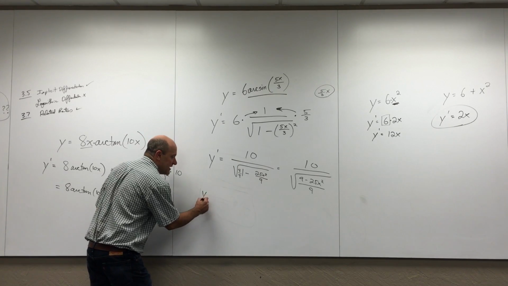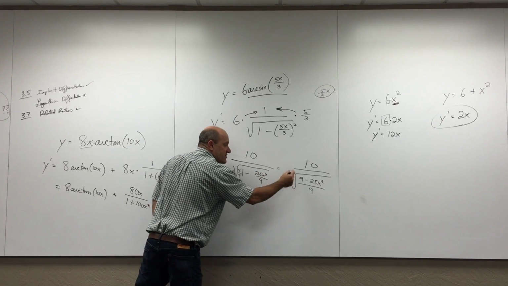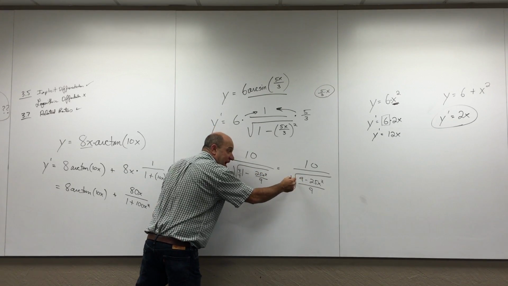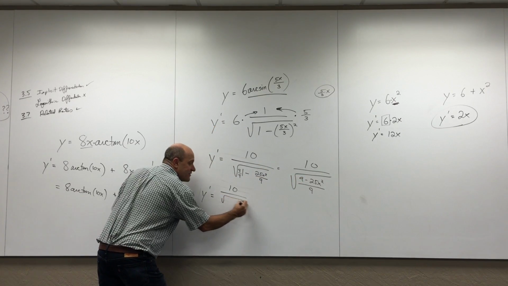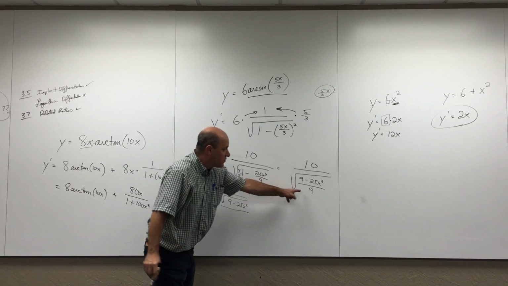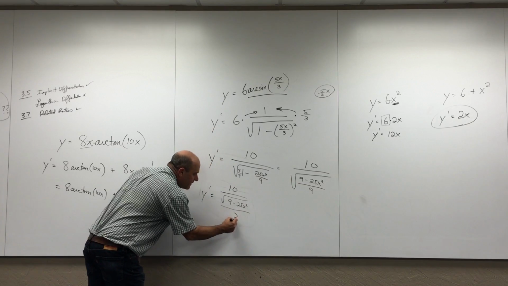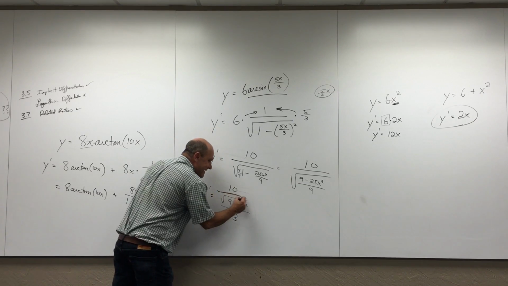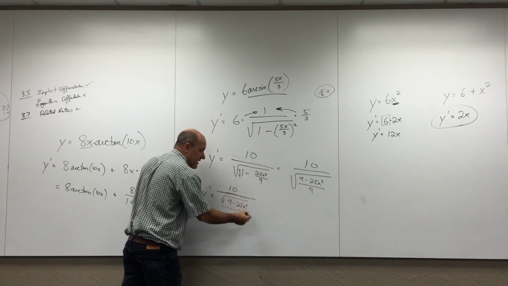Watch this. I'm going to keep going. Now that you got a square root in your denominator, and it has a numerator and a denominator, what you really have is the square root of the 9 minus the 25x squared all over the square root of this 9. What's the square root of this 9? 3. So now, I think I can do this flip move. I can flip him up.